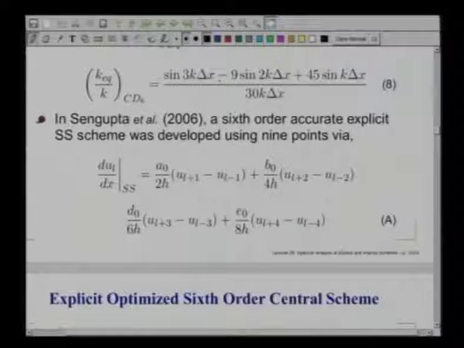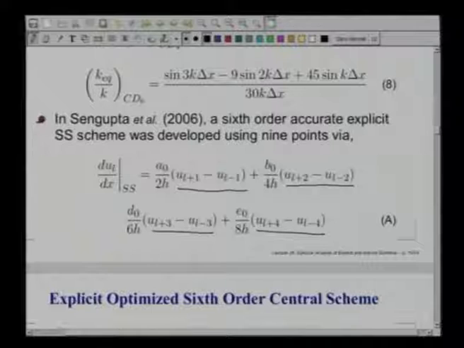So, basically what I have written down in this equation A is du l dx, that would be a naught by 2 h, and you can see the terms appear pairwise. For example, l plus 1 and l minus 1 are coupled together. The same way l plus 2 and l minus 2 terms are coupled here, and you can see that without the presence of u l, we have 9 points there.